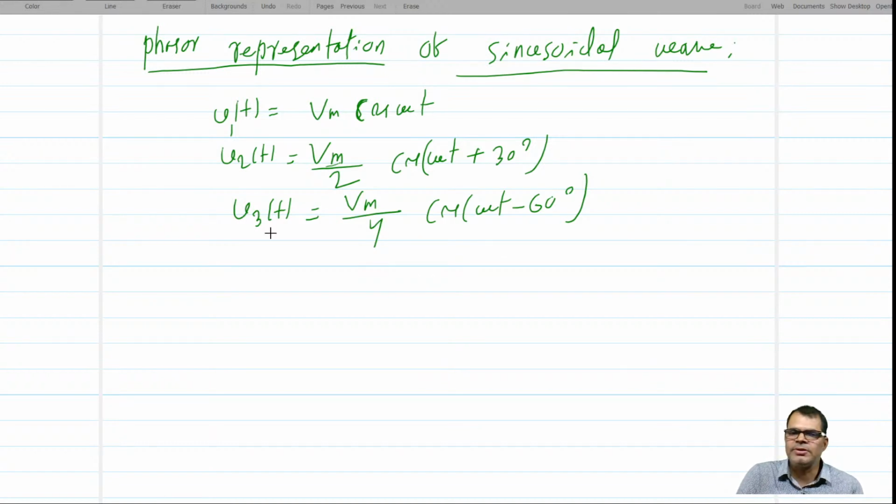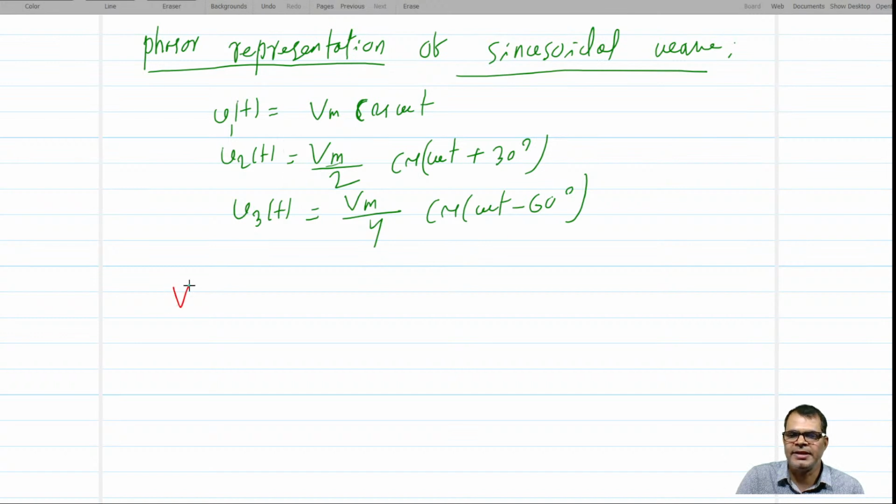So in the phasor notations, we'll use capital V, V1, V2, and we'll drop the t.